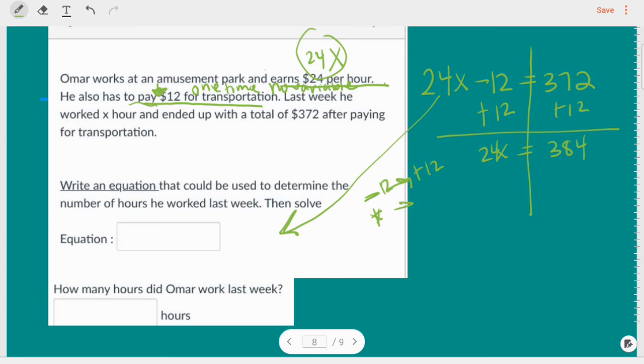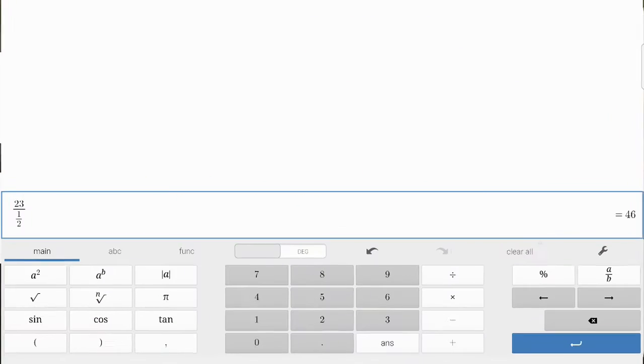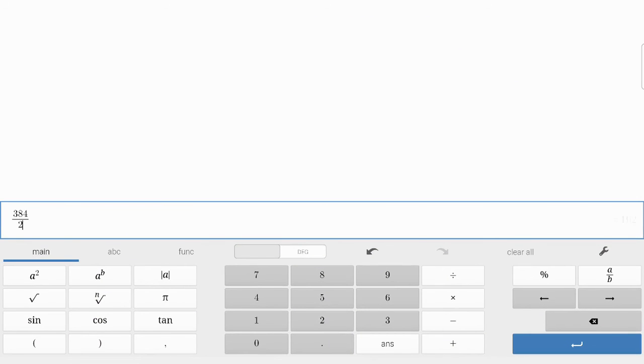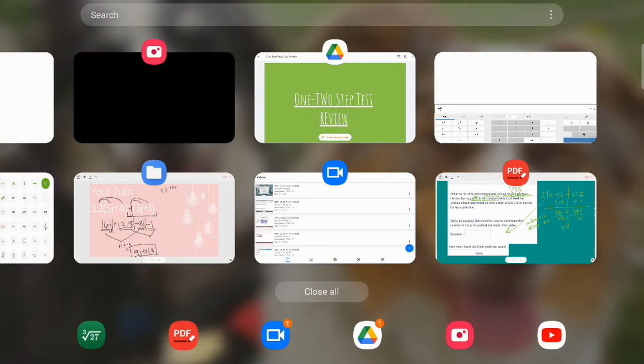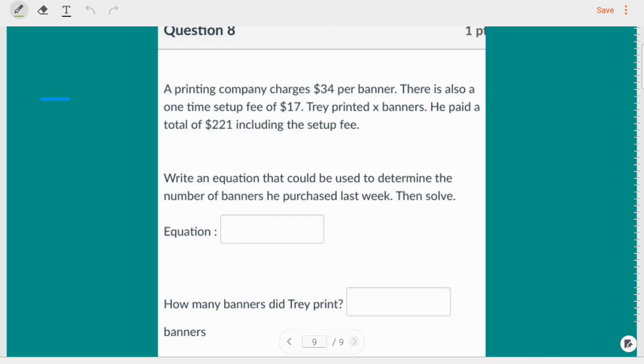I'm going to undo multiplication of 24 by dividing by 24 on both sides. X is equal to, that requires a calculator, 384 divided by 24, for a grand total of 16. So Omar worked 16 hours last week.